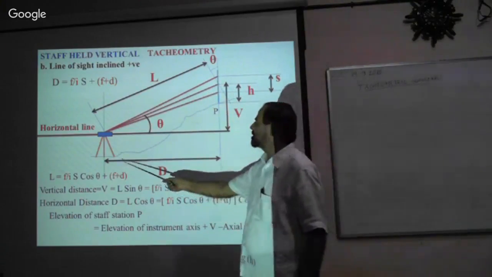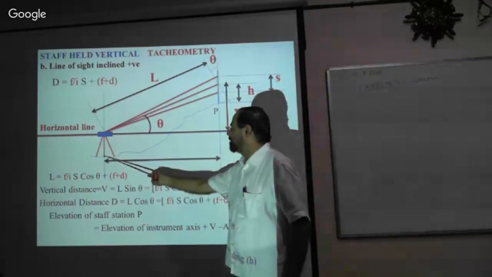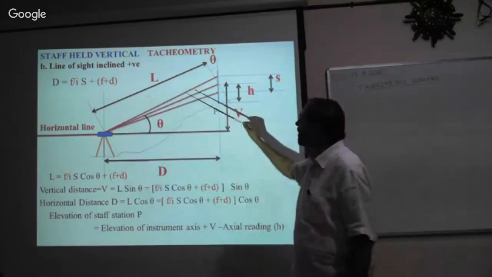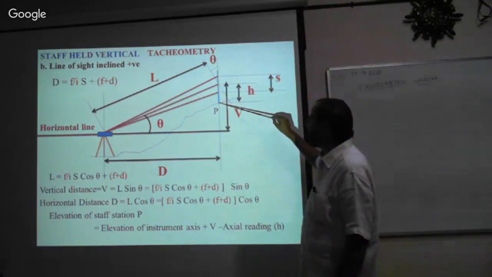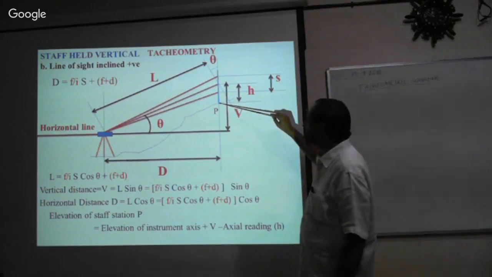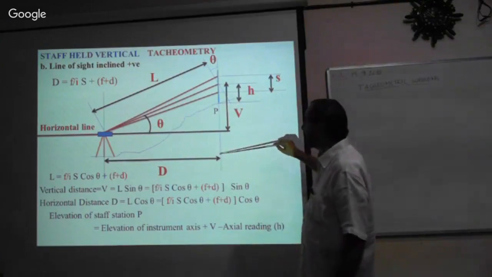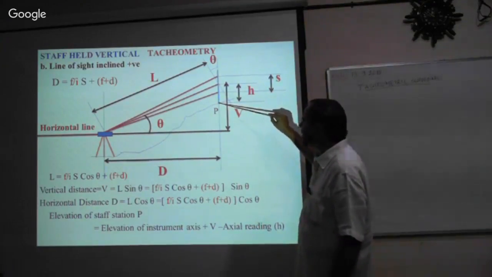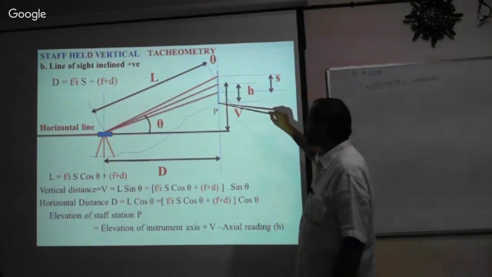Now this is the instrument station where the instrument is installed, and we need to calculate the elevation of this location P. When we need to calculate the elevation and horizontal distance to P, we need to do this.